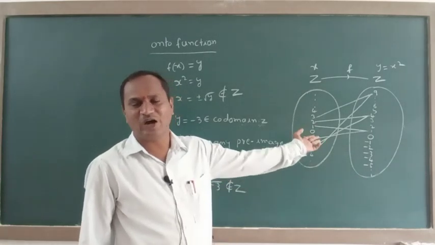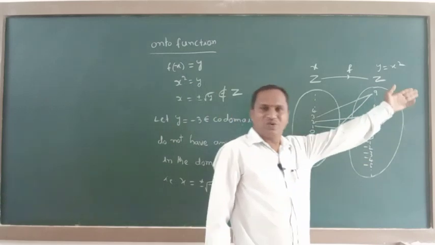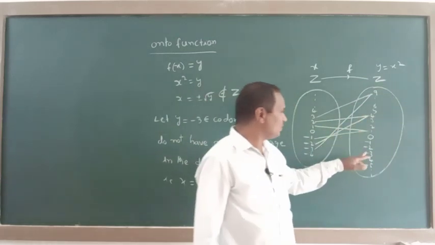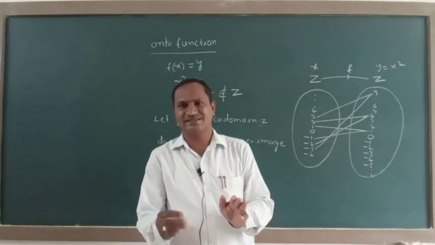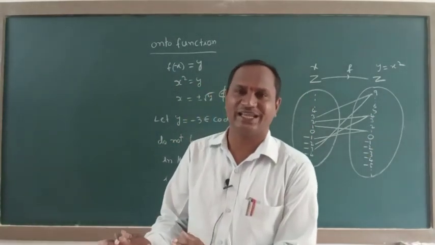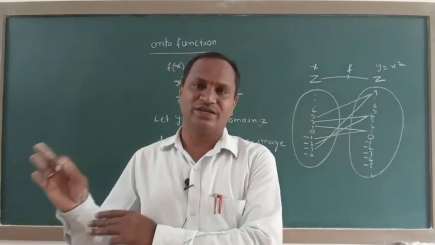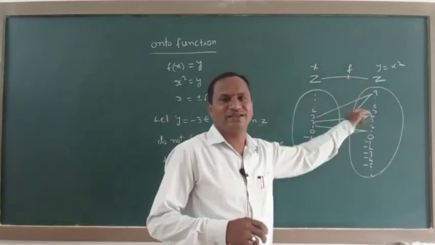See in this diagram, if you observe, the codomain is the whole set of all integers, but the range is only the set of all images: 1, 4, 9, 16, 25 like that. But the codomain is the whole set of all integers.